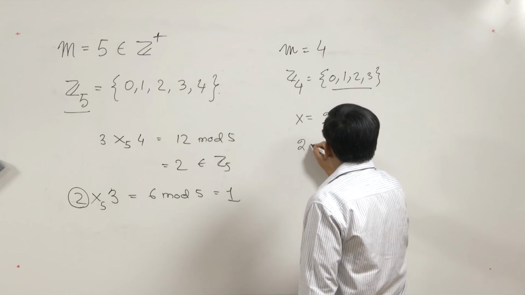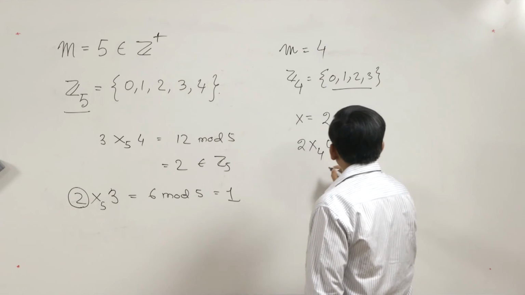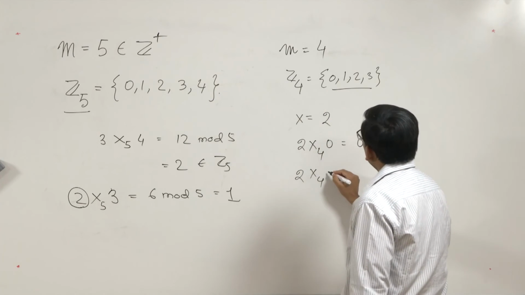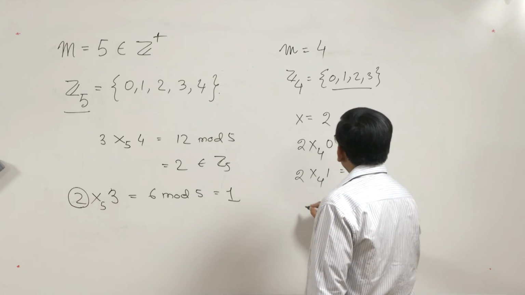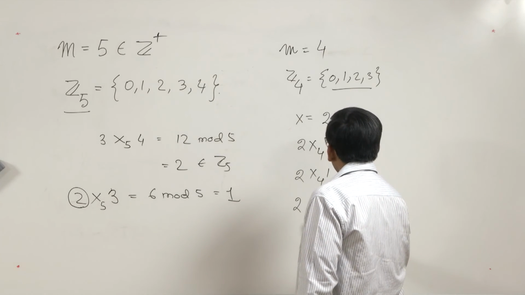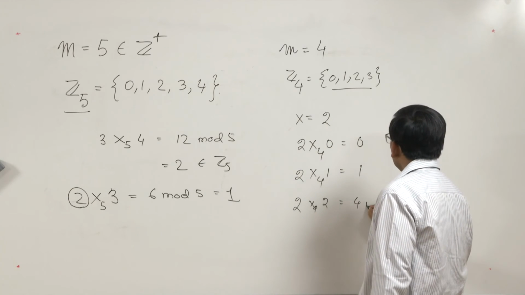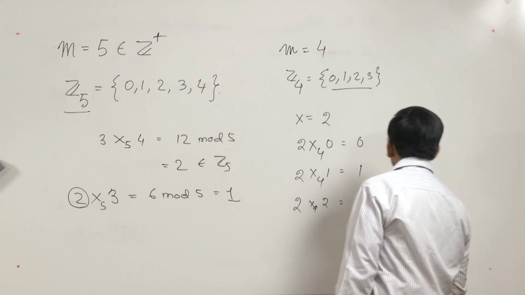So, 2 multiplication modulo 4 0 is of course 0, then 2 multiplication modulo 4 1 is 2. 2 multiplication modulo 4 2 is 4, and 4 mod 4 is going to give me 0.